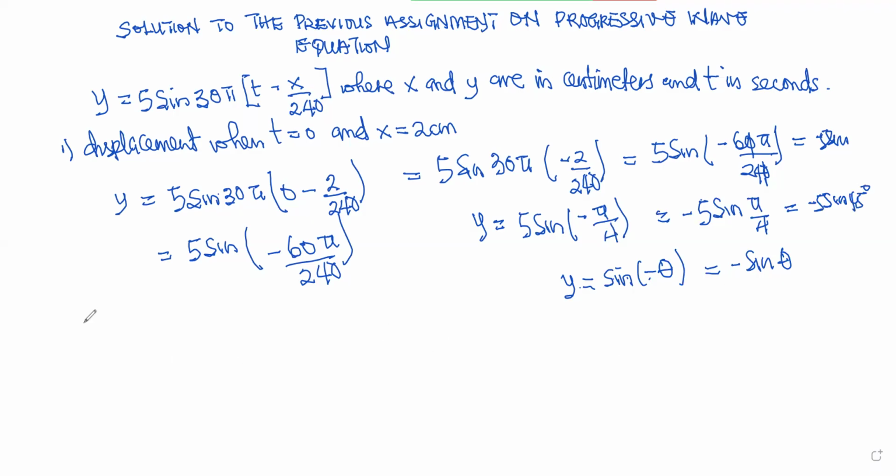And sine 45 is root 2 on 2. So we have y given as negative 5 times root 2 on 2, which is the same as negative 2.5 times root 2. And the rest is just calculator work.